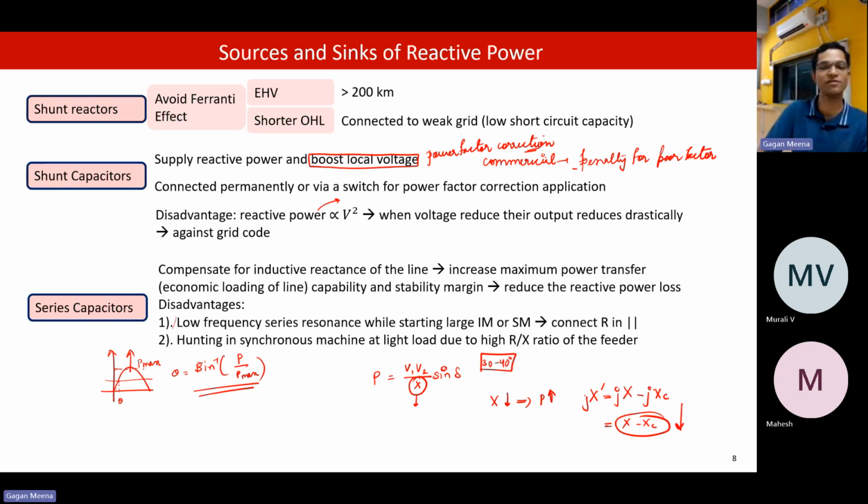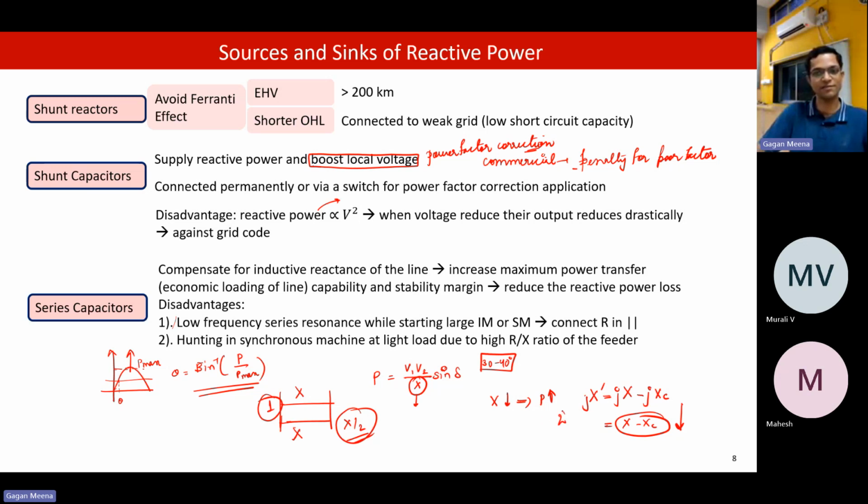Using parallel lines also we can do that. If this was X and we introduce one more line of the same reactance, then it will become X by 2. So one way is this: using parallel lines we can increase the power capability.